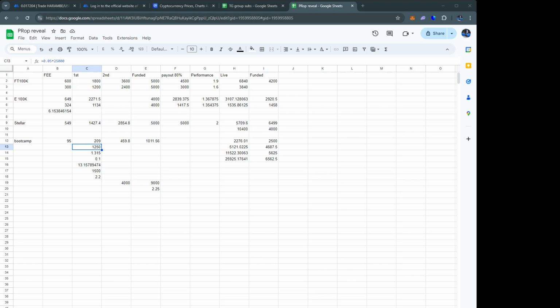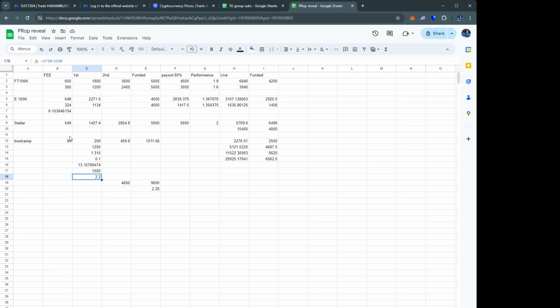First of all, the target is, as we said, 6% of the 25,000, which is 1.5k, meaning that we start with 1,250 and we must turn the account into 2,750 total balance, meaning that we must achieve a performance of 2.2 on the initial balance.